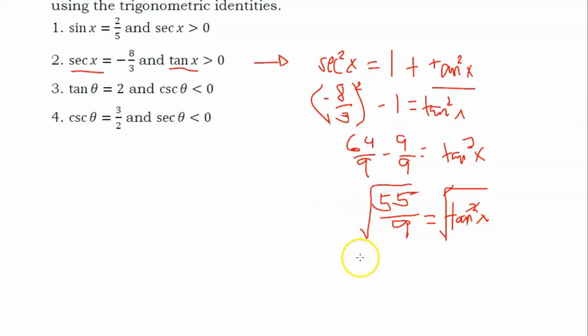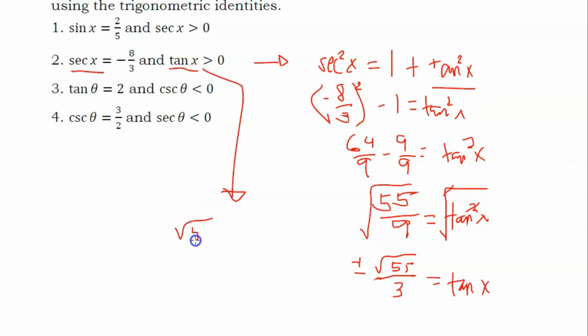So we have plus minus square root of 55 all over 3 is equal to our tangent x. Okay, since we have the restriction that tangent x must be greater than 0, therefore our answer must be the positive square root of 55 all over 3. So this is now our final answer.